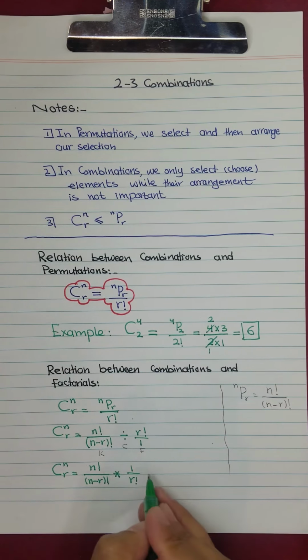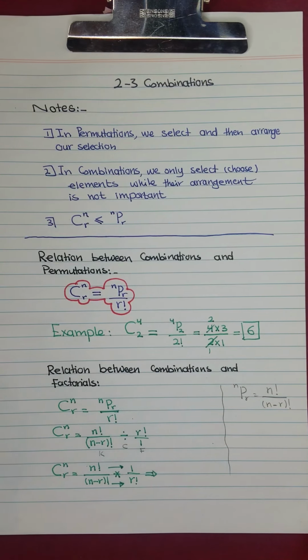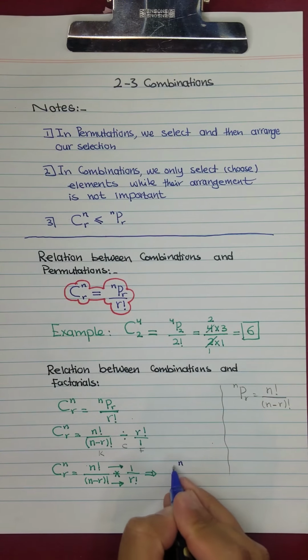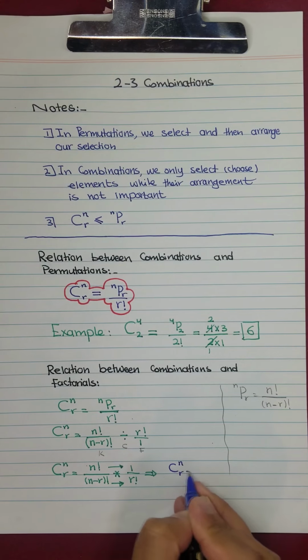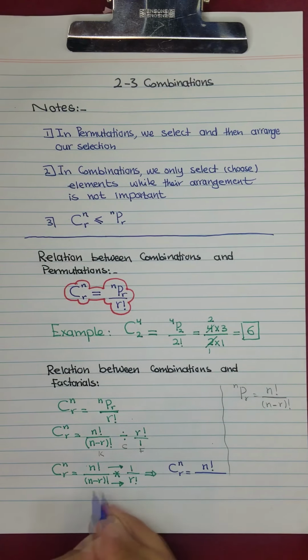And this means when you multiply the numerators together and the denominators together, n combination r is equal to n factorial over n minus r factorial, just like a permutation, then times r factorial.